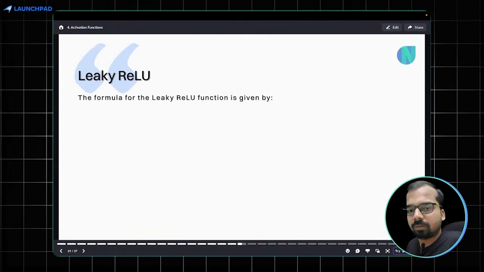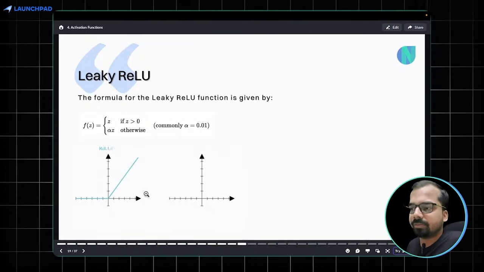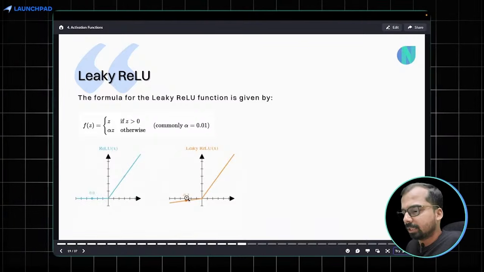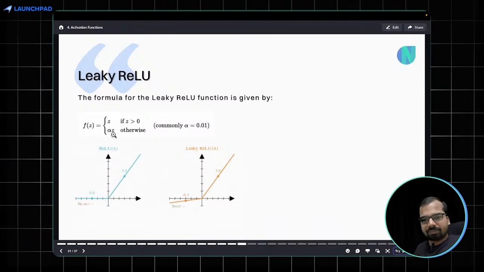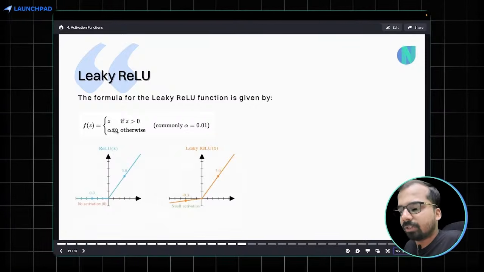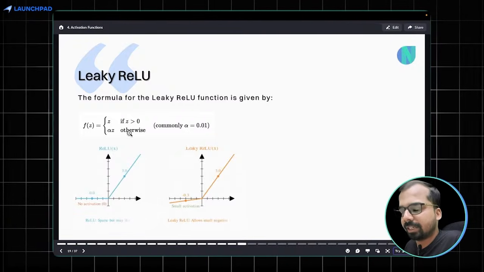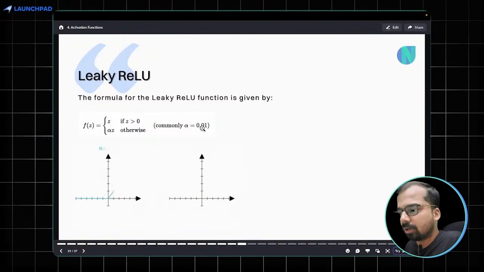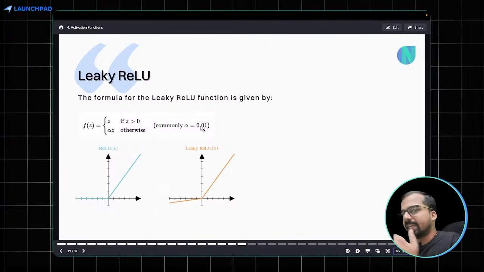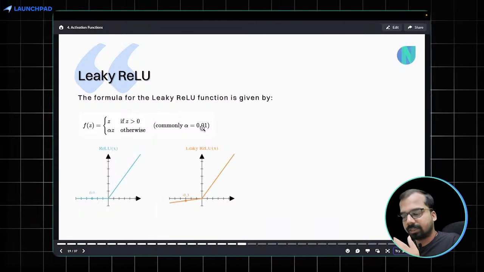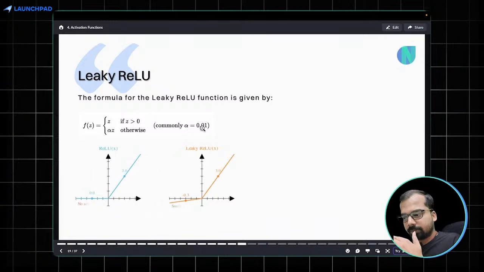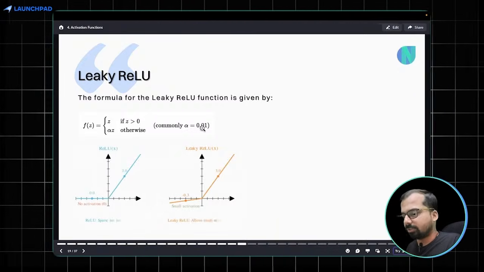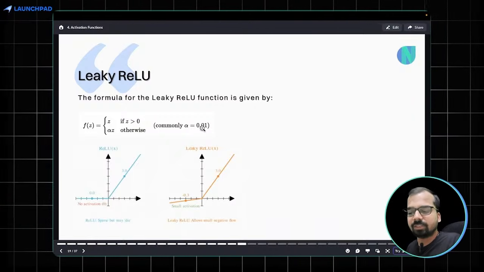So in order to solve the dying ReLU problem, another variant of ReLU came into the picture, known as leaky ReLU, where instead of having the value as 0 for negative cases, it is alpha times z, where alpha is a small number like 0.001 or 0.01, such that I still have some non-zero values, because in ReLU I was getting 0 values.